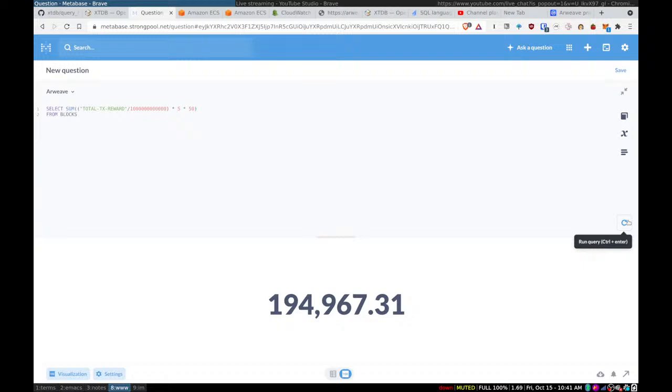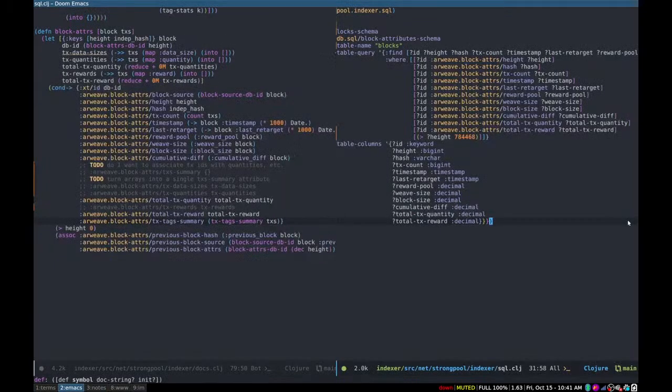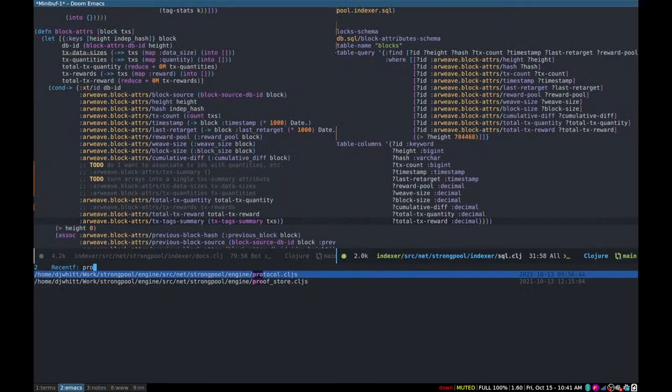I'm sure that's not actually accurate, because I think it's still a small amount compared to the inflation bonus. Let's see. Okay, so inflation bonus. I have a calculation for that somewhere.